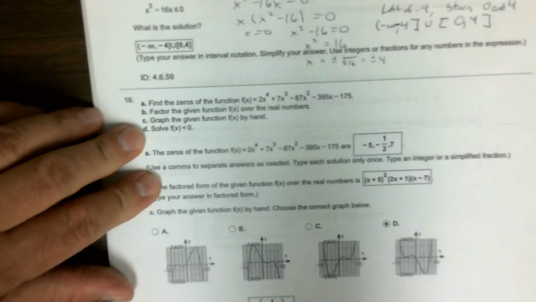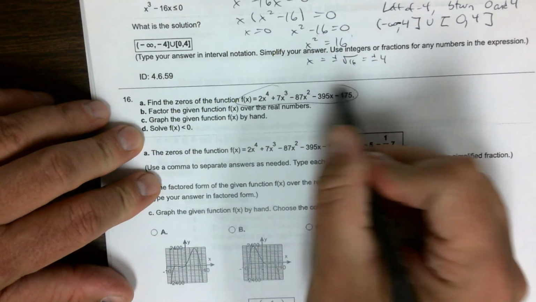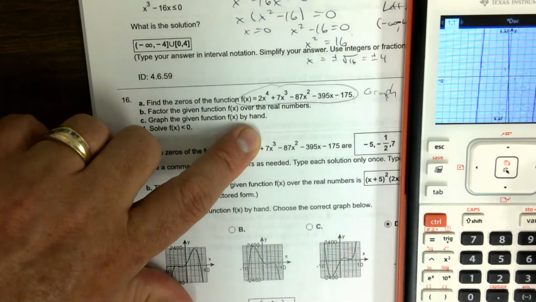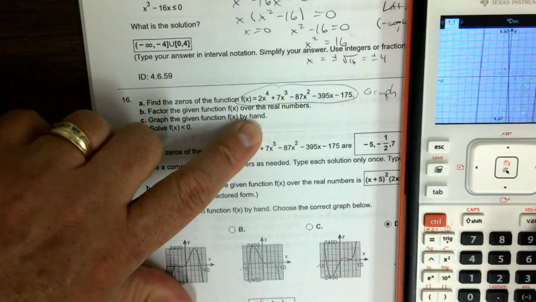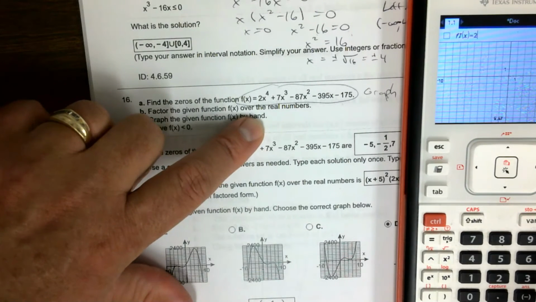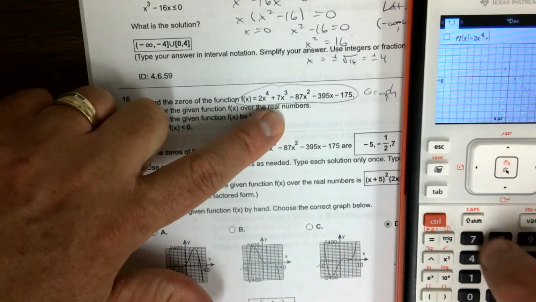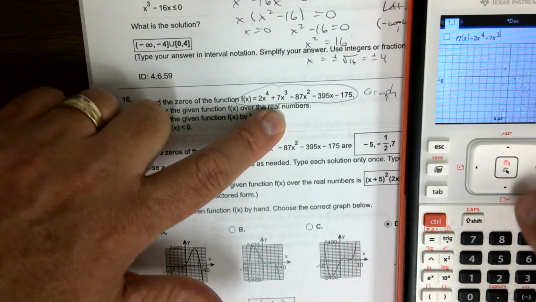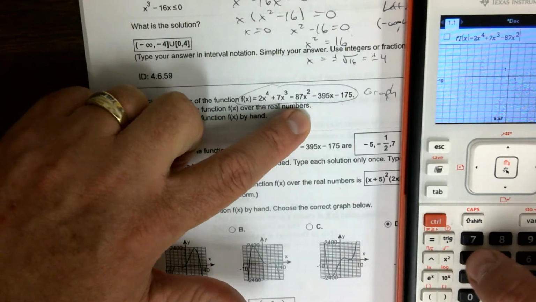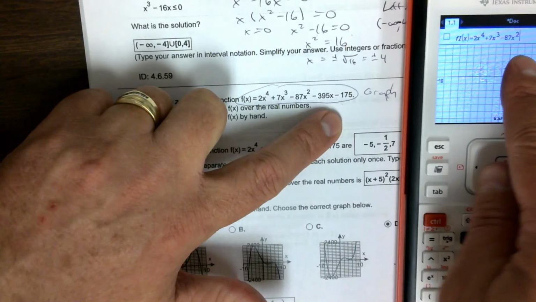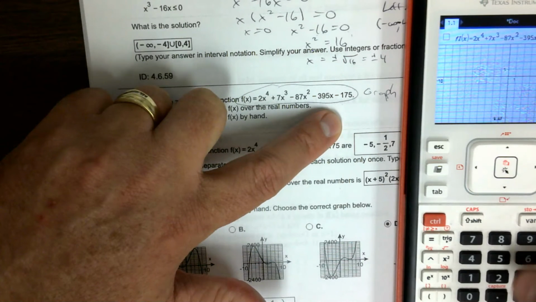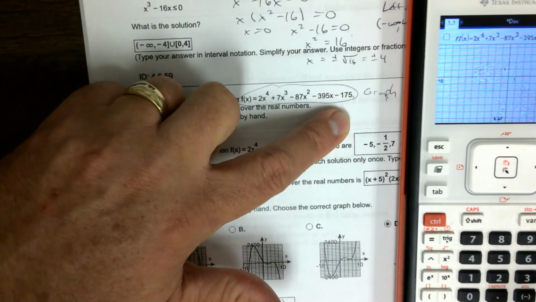So first, if you see something like that, you graph it. 2x^4 plus 7x^3 minus 87x^2. By the way, make sure y'all don't leave out your x's. Minus 395x and then minus 175. Okay, so there it is.